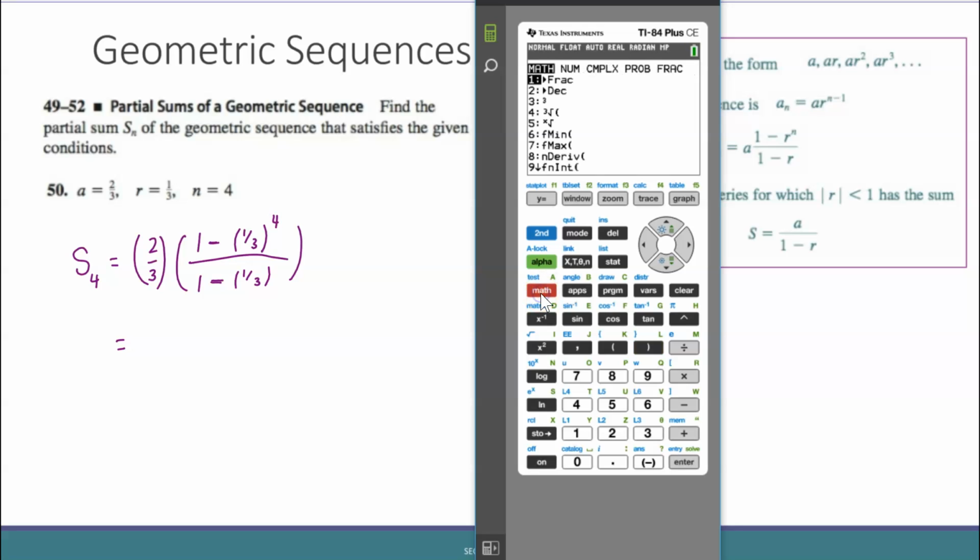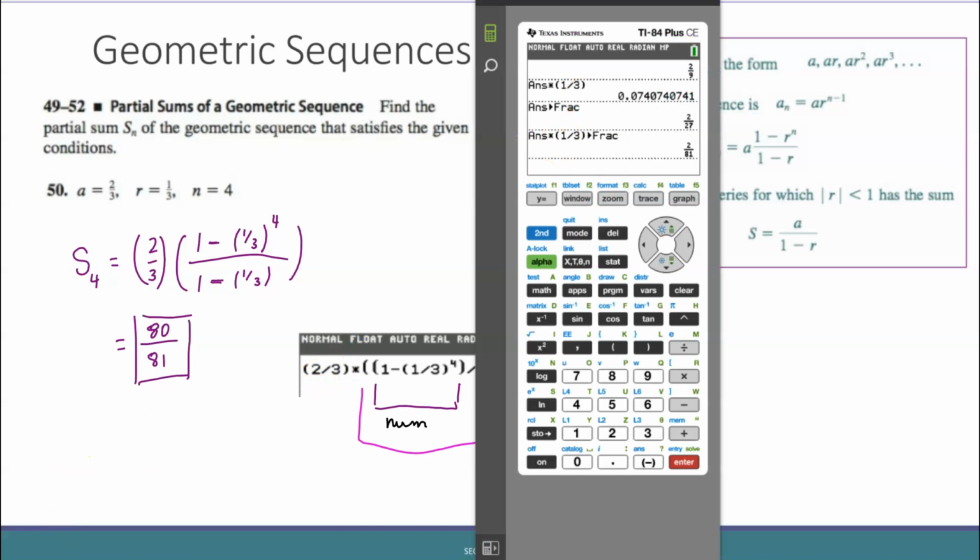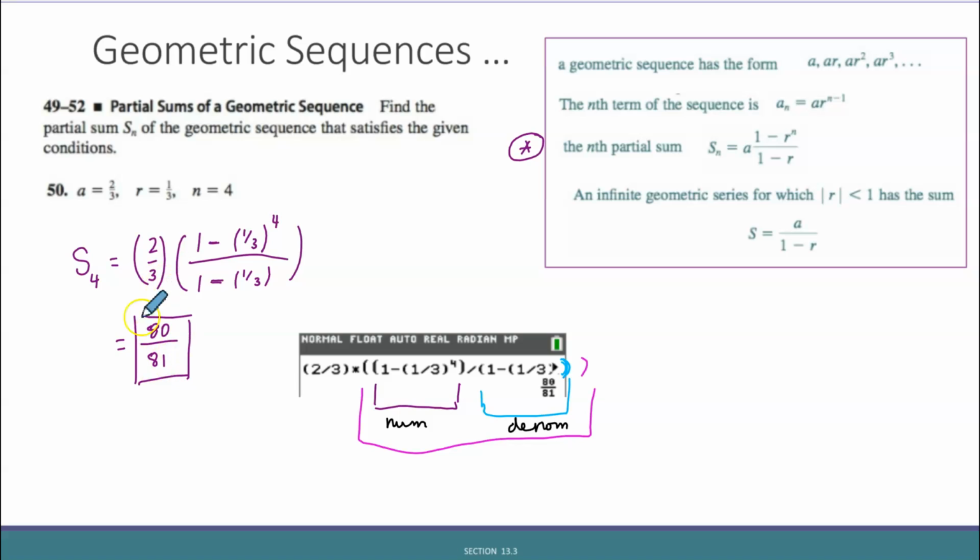Just in case, I'm going to say answer in fraction if the fraction appears, and it does. 80 over 81 would be our solution. So 80 over 81 is our solution.